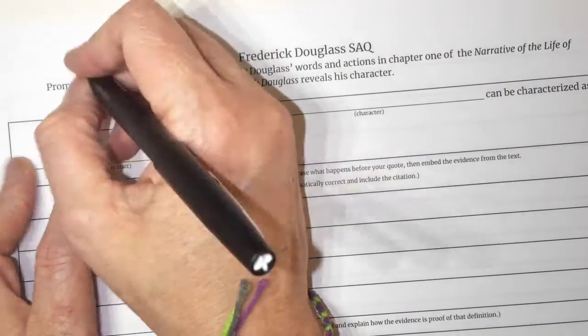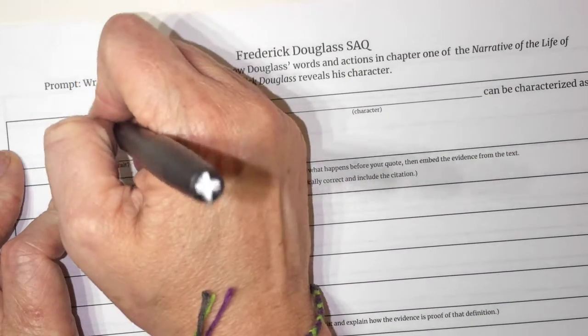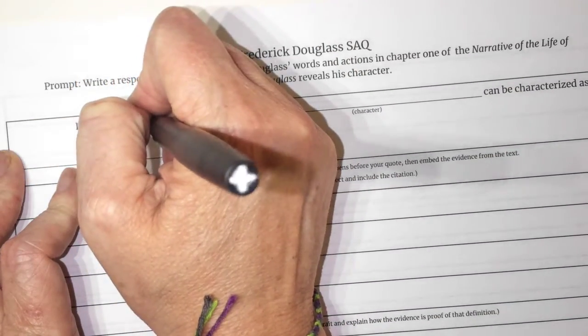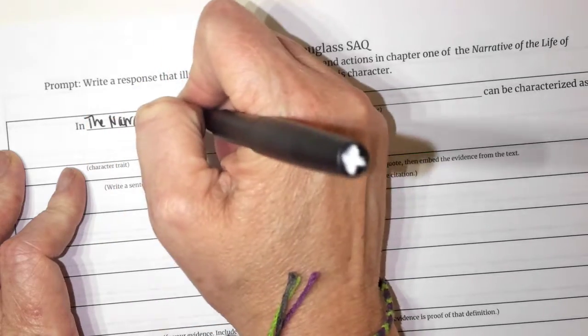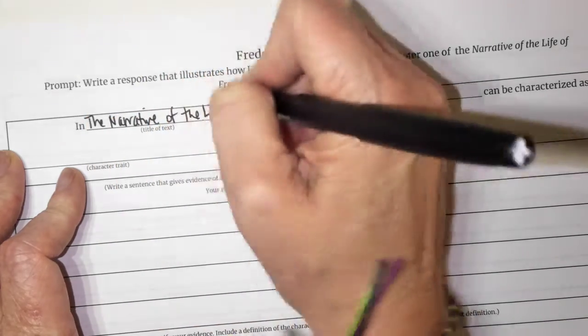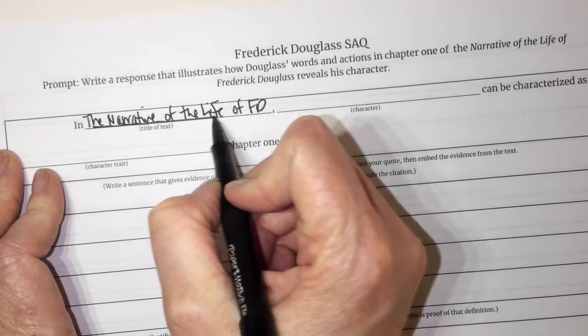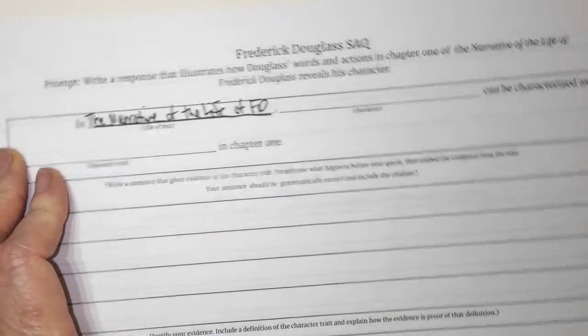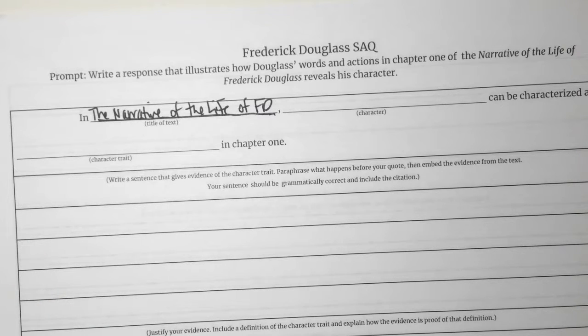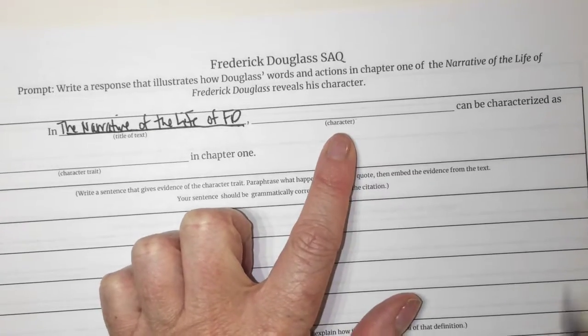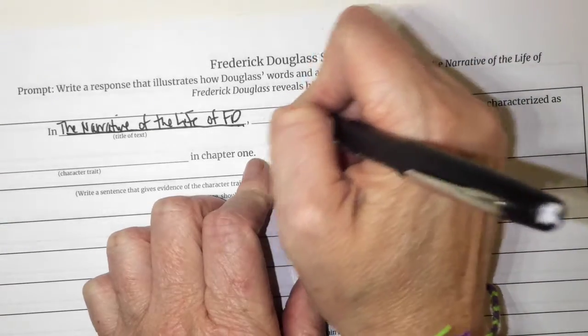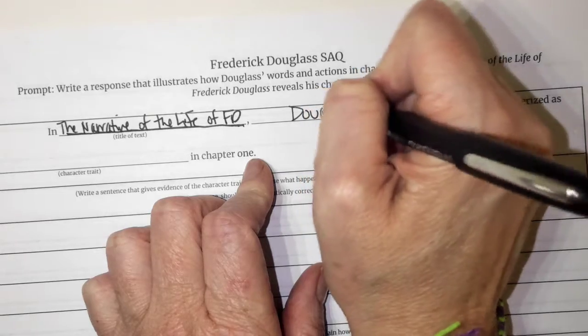So in, and this is called the Narrative of the Life of, and I'm just going to title it Frederick Douglass, and that is underlined. We're just going to shorten it to FD for short for Frederick Douglass. The character or person would be Douglass.